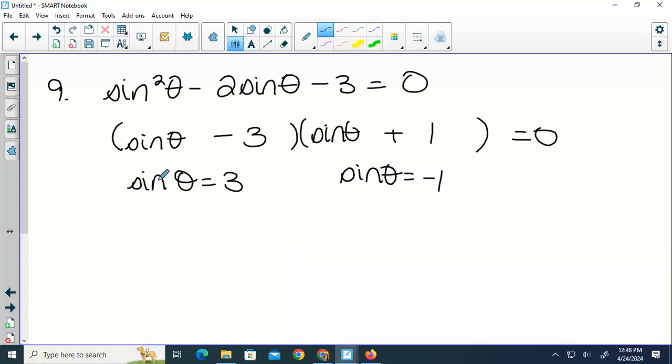Can sine be 3? No. Even if you try putting it in your calculator, it will tell you domain error. It's not possible. Sine can only be things between -1 and 1. Or you did sine instead of sine inverse. So this isn't possible. Thinking about a unit circle, sine is the y. When is y -1? 270. So our angle is 270 degrees.